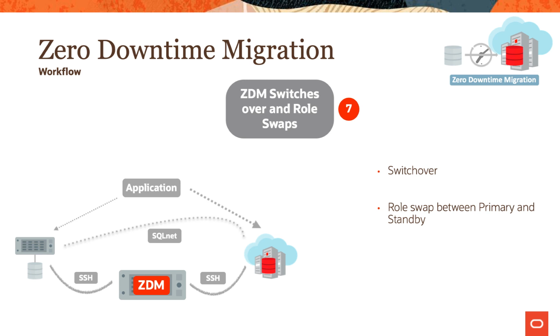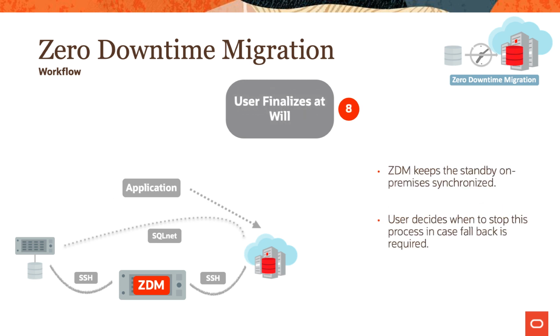Once we are done with synchronizing the target platform, ZDM can do the switchover, and it is able to do the role switch. So a role swap happens between primary and standby, and then the switchover operation can be done, as well as finalized.